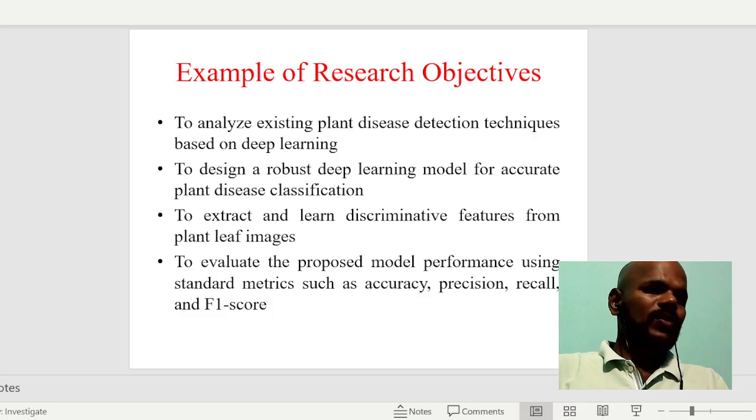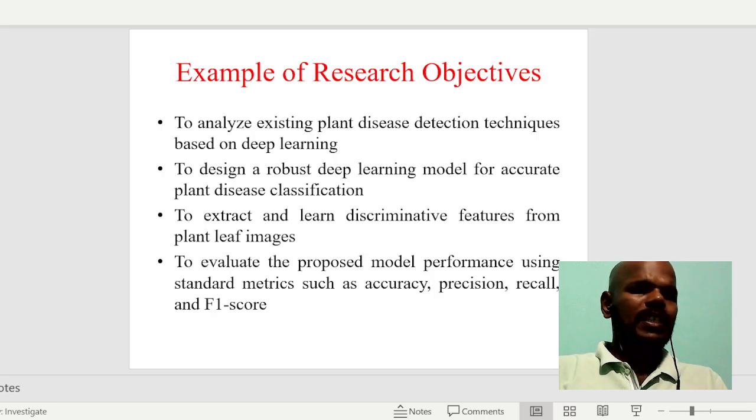One more thing: what you perform in research objective 1, you cannot perform in research objective 2. That is the specific part. These points must be remembered when you are forming research objectives.